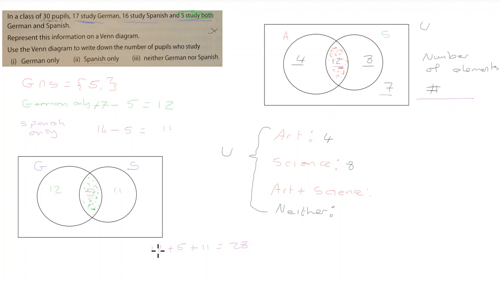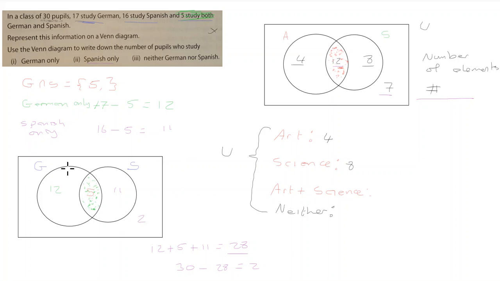Okay, so this represents the number of students that do German only, German and Spanish, and then Spanish only. So that will be represented by this number here. Then we have to take that away from the total number of students in the group. So it's going to be 30 minus 28, and that's equal to 2. Again, where would we put these? We're going to put them outside here. 2. Okay.